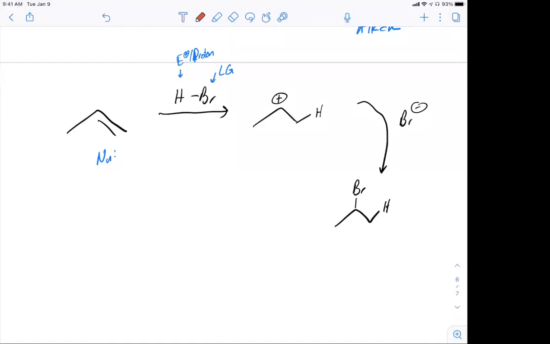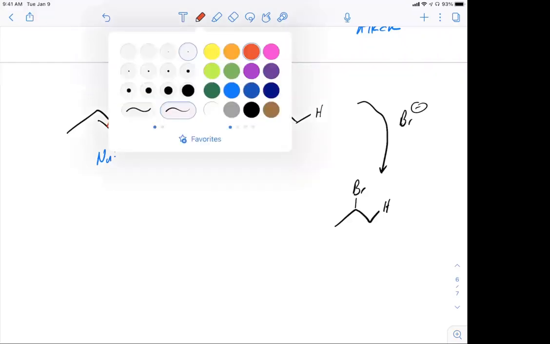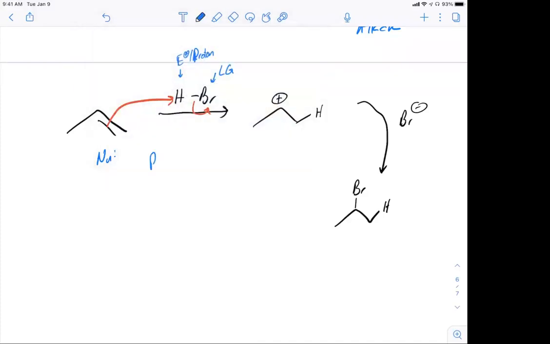My double bond over here, we know pi bonds can be nucleophiles. So the first step here is nucleophile attacking that proton and kicking off the bromine. Now, since this is a proton, I can call this a proton transfer. If it had not been a proton, then this would have been a nucleophilic attack.